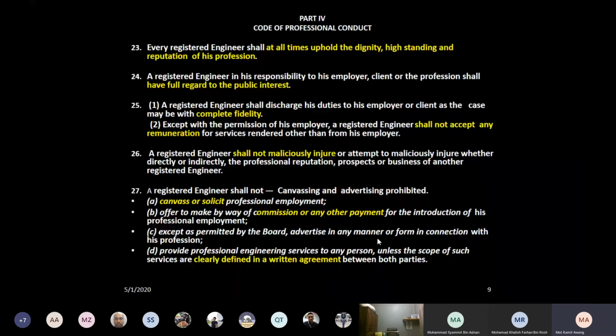Cannot. So you have a code of professional conduct that you have to follow. You cannot say bad things about your fellow engineers, whether you do it directly or indirectly. Cannot.